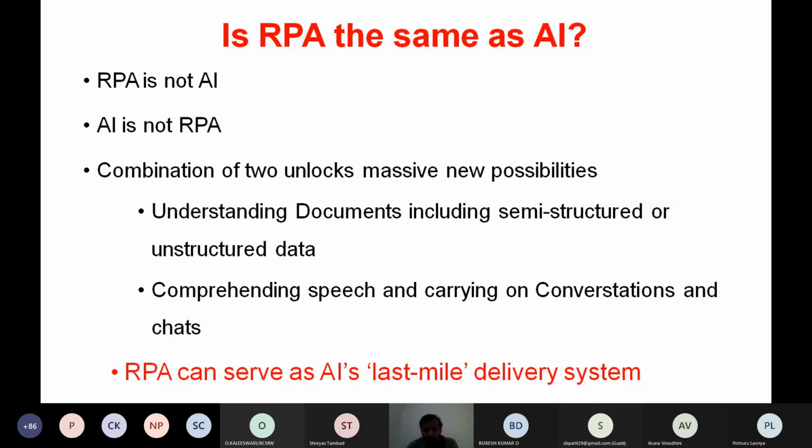Next session, again, we'll see in detail why RPA, and there I said that when you have a process, the first question is whether it can be automated or not. That is a difficult question to answer. So what are the steps we need to consider when deciding whether a process can be automated or not?